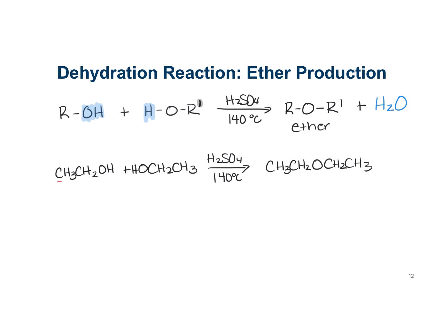When we look at this, we have the CH2CH3 here, and then we have the OCH2CH3 here, and then this component and this component are what form water. And so we can predict the products when we see these two alcohols reacting together in an acid at 140 degrees Celsius.